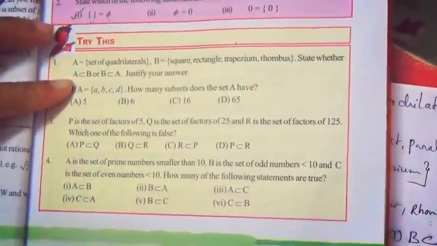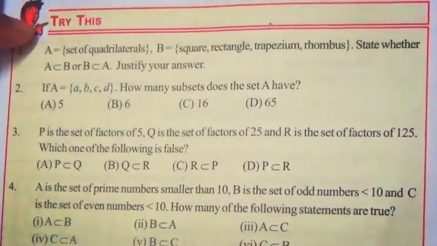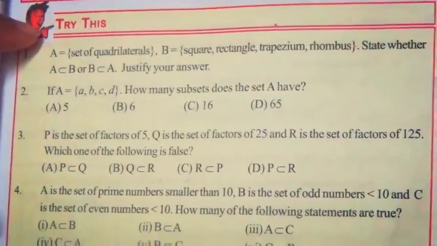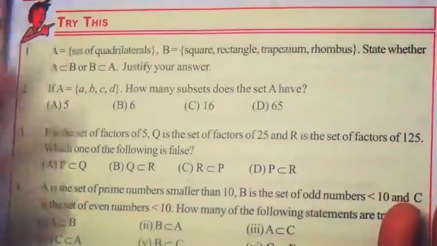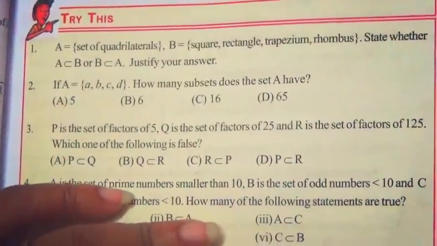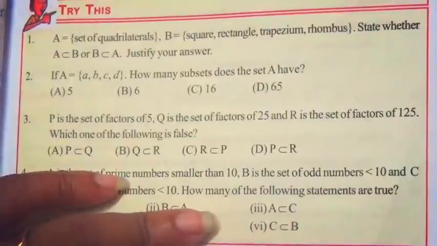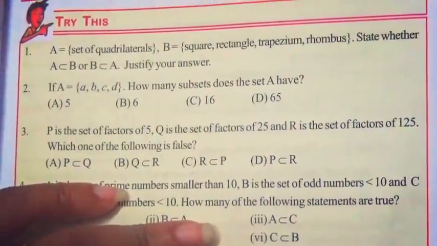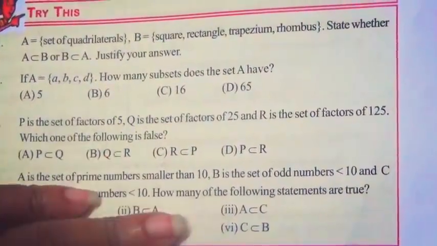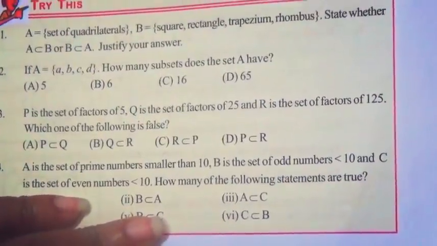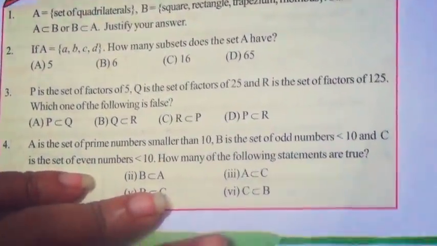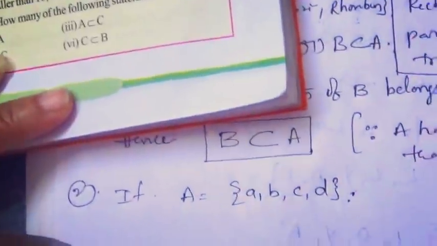Okay, so the second one: if A is equal to {A, B, C, D}, how many subsets does the set A have? He was asking how many subsets, right? We have to find the number of subsets for this set. So what is the formula? That is 2 to the power of n.